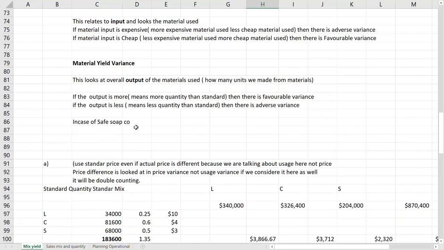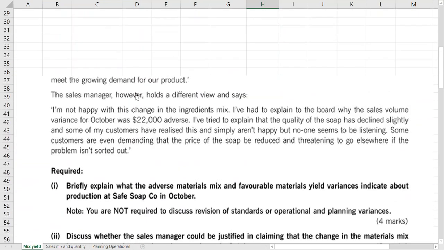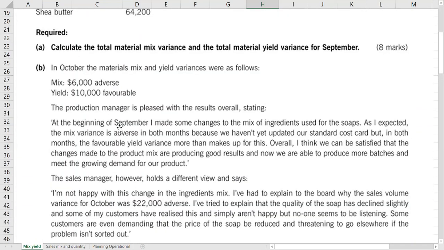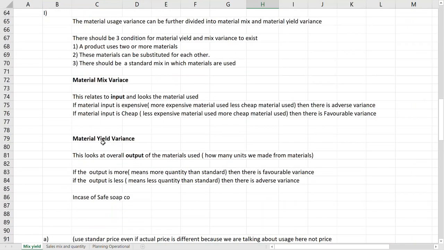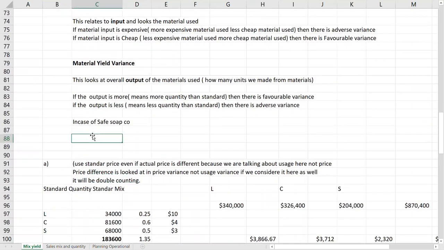So in case of Safe Soap Co., we have material mix variance equals 6,000 adverse and material yield variance is 10,000 favorable.